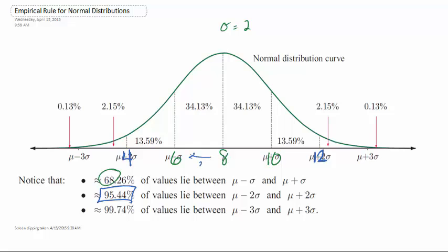Notice I'm going 2 units for each one of these intervals. That is 1 standard deviation. And 3 standard deviations below the mean would be 2, and 3 above the mean would be 14. And if this is normally distributed data, I should expect that 99.7% of all the data will be in between 2 and 14.